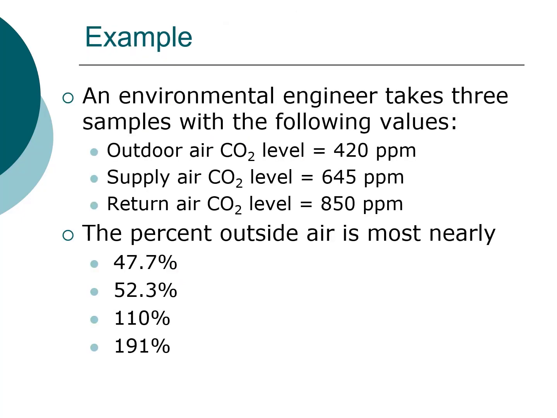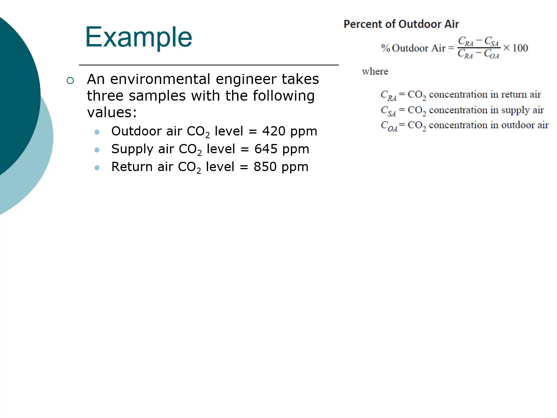So we have a problem here where you are told that the environmental engineer takes 3 samples with the following air values. The outdoor air CO2 level is 420 parts per million. The supply air has a CO2 level of 645 parts per million, and the return air is 850. You're given a number of choices again, and the question is, what percent outdoor air do we need to provide?